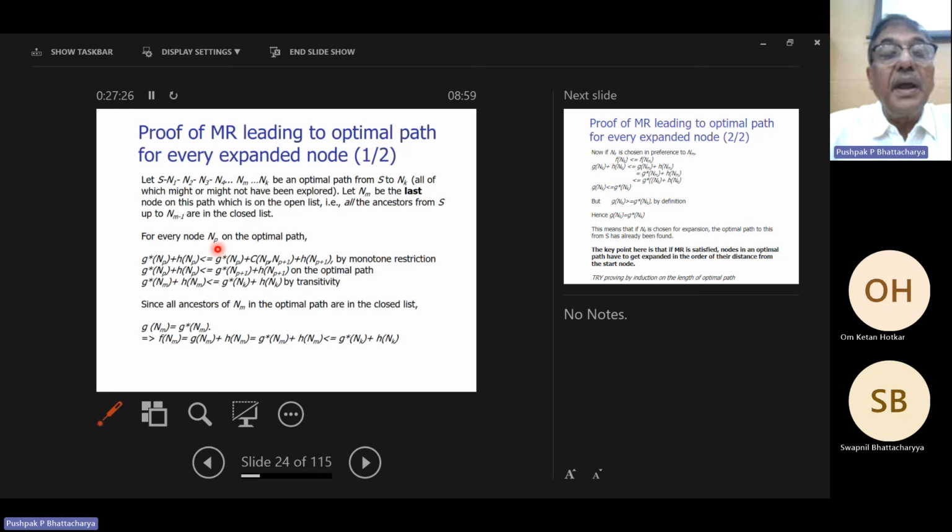So for every node np on the optimal path, we know that G star np plus H np is less than or equal to G star np plus C np np plus 1 and H np plus 1. That is due to monotone restriction. Then G star np plus Hnp is less than or equal to G star np plus 1 plus Hnp plus 1 on the optimal path, and G star nm plus Hnm is less than or equal to G star nk plus Hnk by transitivity.